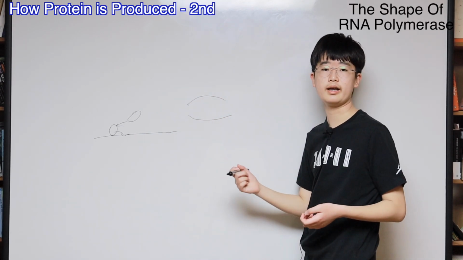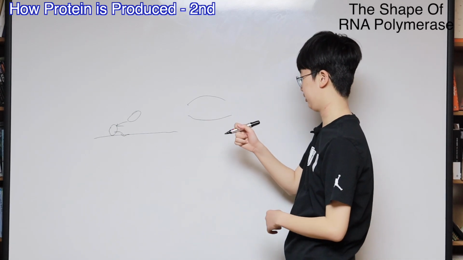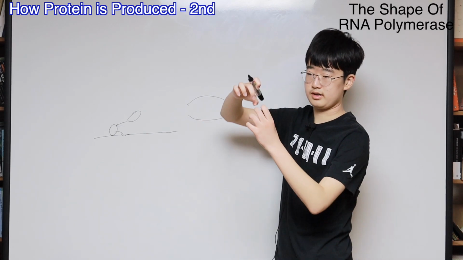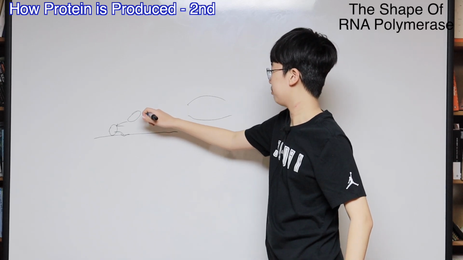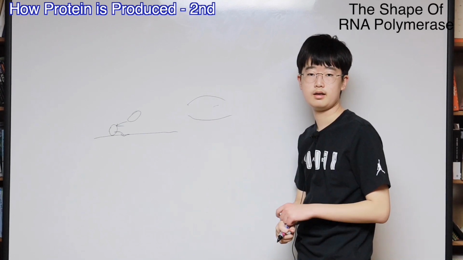I mean DNA, the two opposite sides of it. Well, it's a double helix, so it looks kind of like a ladder, and there are kind of links in between. I said the RNA polymerase is put between the two sides.